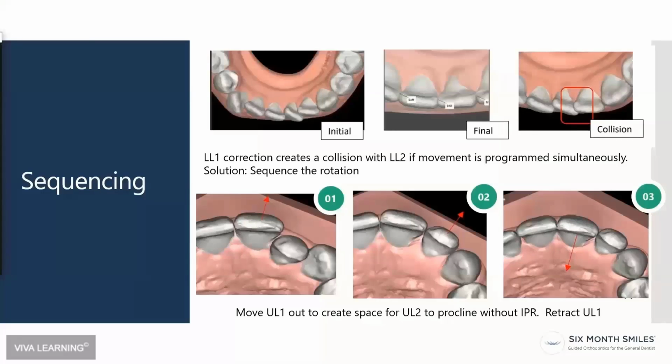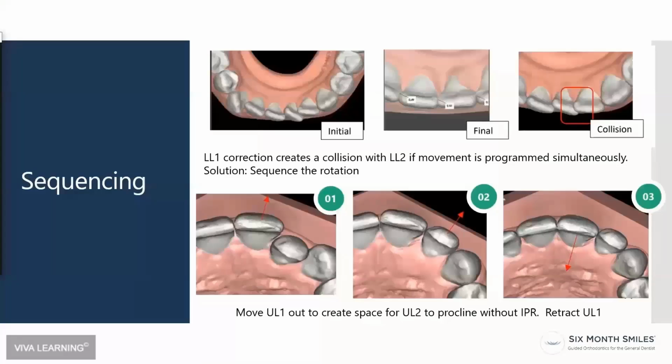But the correct approach is to create the space by perhaps expanding and proclining, and then rotating the tooth lingually. It's very easy to quickly start every single movement and then create collisions, which will not be ideal for the predictability and also the well-being of the teeth.